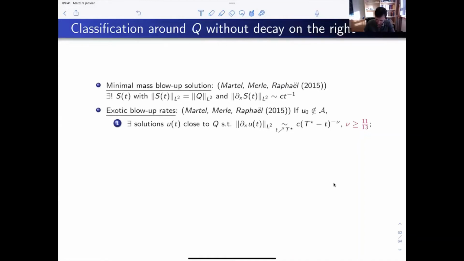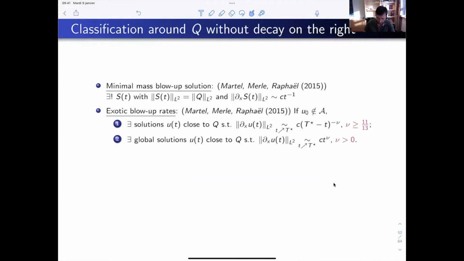They also have similar results with blow-up at infinity with a T to the nu for any nu positive. So finally, I think the first result of Frank Merle in 2000 was the most general result you could have, because you really have this finite or infinite blow-up rate.